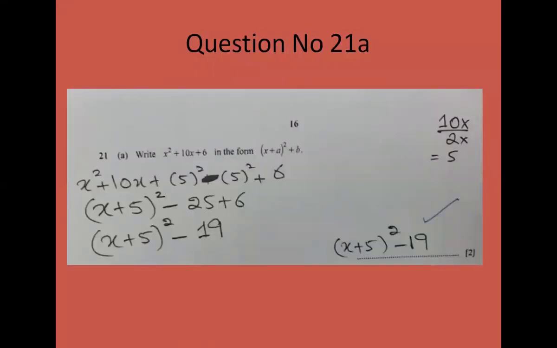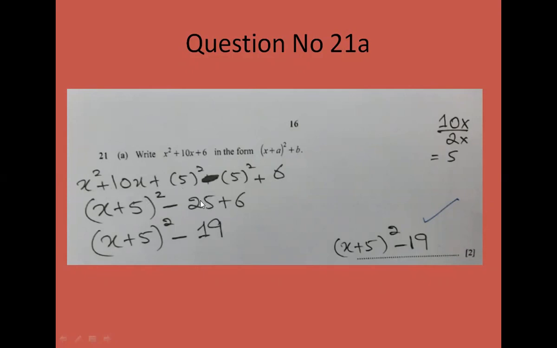When you apply completing the square, you take the x term, 10x, in the rough work and divide it by 2x, and whatever answer you get, you add its square into the expression and you subtract its square. So you can see here x squared plus 10x plus 5 squared minus 5 squared plus 6. So first these terms, x squared plus 10x plus 5 squared, are closed by the formula and make (x plus 5) whole squared.